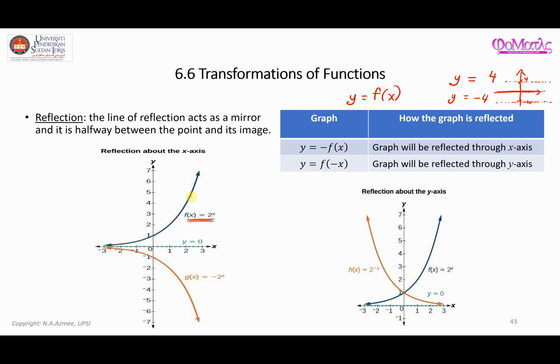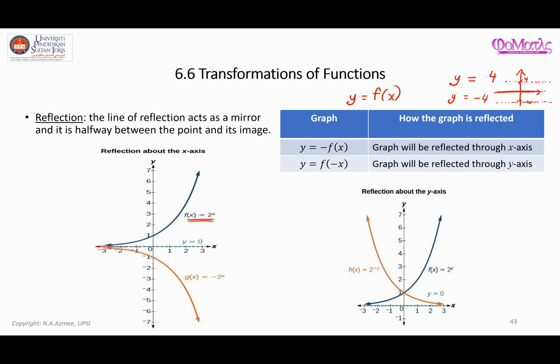And if I have g(x), which is negative 2 to the power of x, then this graph will be reflected through the x-axis. The x-axis is like a mirror here, so it behaves like a mirror, and this graph will be reflected on the bottom part here.